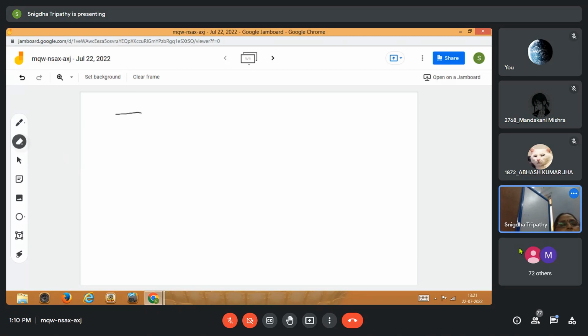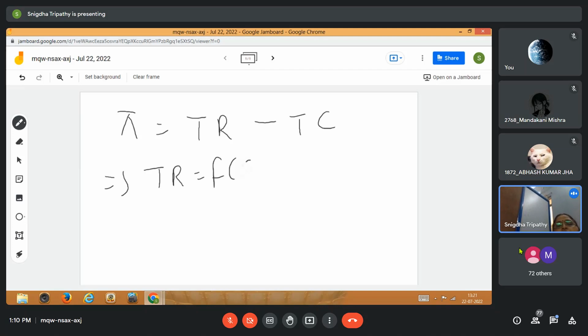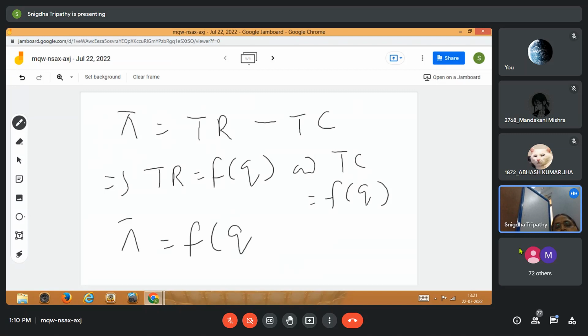Total profit is the excess of revenue over cost, and if total revenue is a function of Q and total cost is a function of Q, then profit is also a function of Q. So Q here stands for quantity, but it means the output.